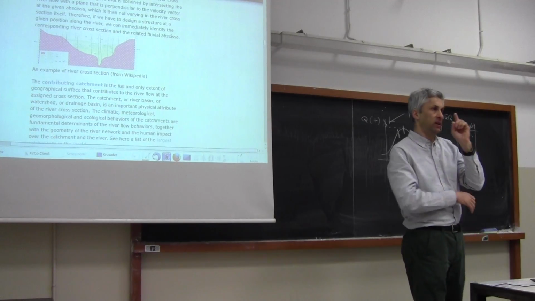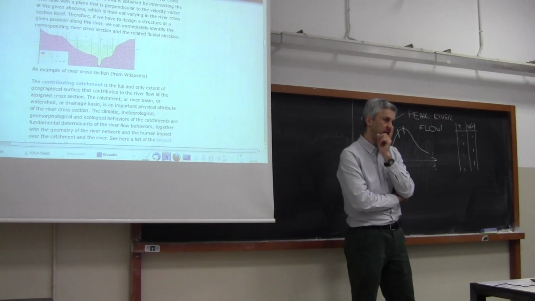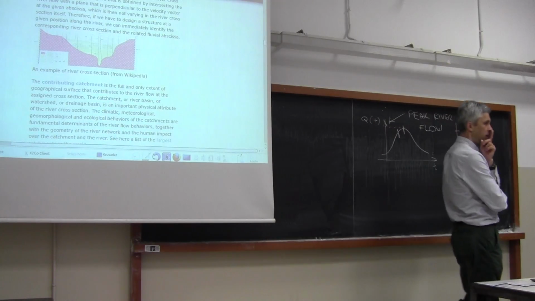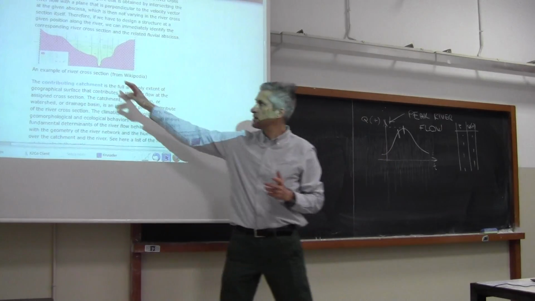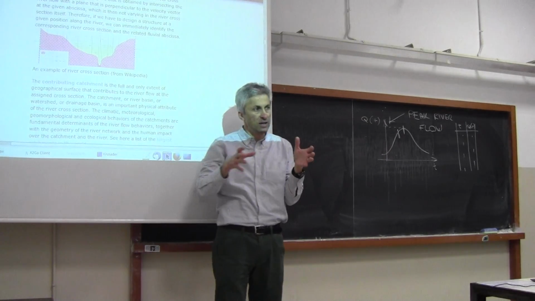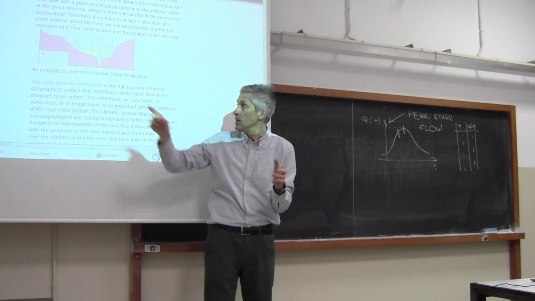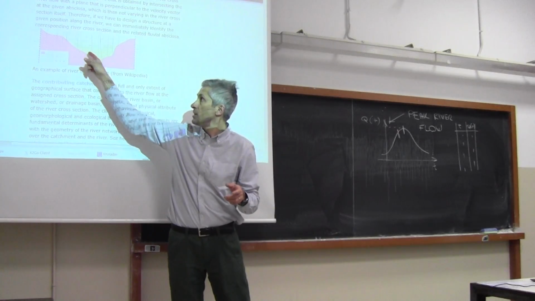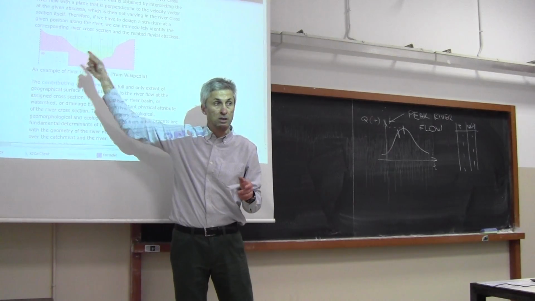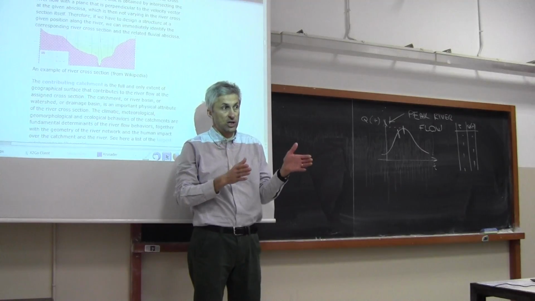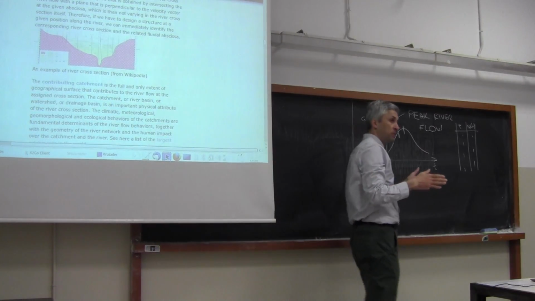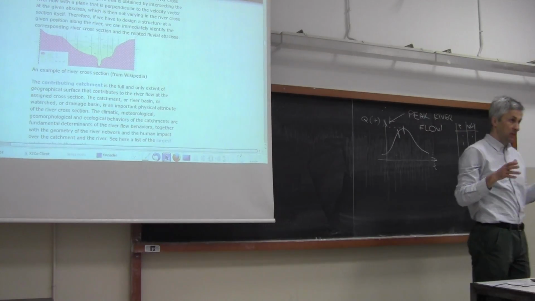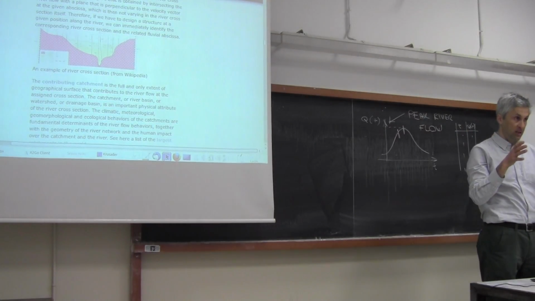Now, there is one thing that you may ask me. I said perpendicular to the velocity vector, and you may ask me, but where should I take the velocity vector? Because if I move in the river cross-section, of course the velocity vector may change. But some of you took subjects of open channel flow, so some of you already know what I'm saying.